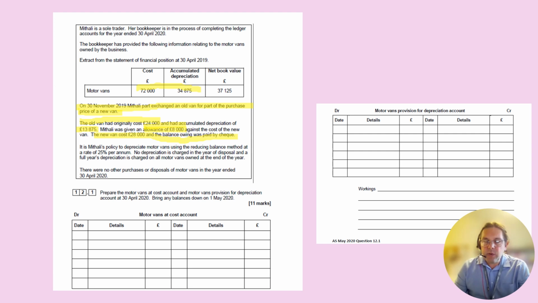Lots of students get 0 on this, and they really don't need to if you carefully check the questions. So the 8,000 disposals, it cost 28,000, so we have paid 20,000 from the bank. So we'll have disposals 8, bank 20, and that allows for the fact that the new asset has been added to the non-current assets.